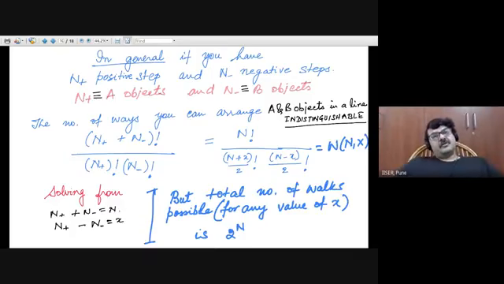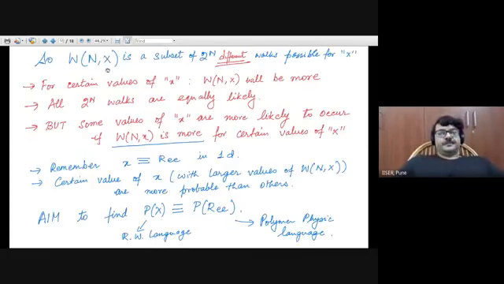So the total number of walks possible with n steps without any constraint on the value of x is 2 to the power n. So W(n,x) is a subset of the 2 to the power n different random walks possible when you have constrained the net displacement to be x.